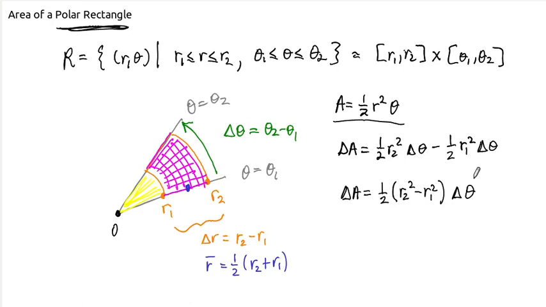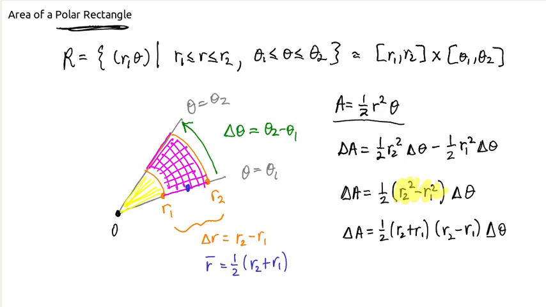This is perfectly fine, but we notice that the term with the r's can be factored as a difference of squares, so maybe we can get a more detailed formula. We end up with delta A equals 1/2 times R2 plus R1 times R2 minus R1, all times delta theta.